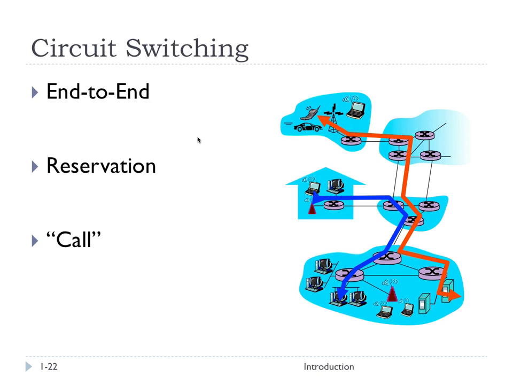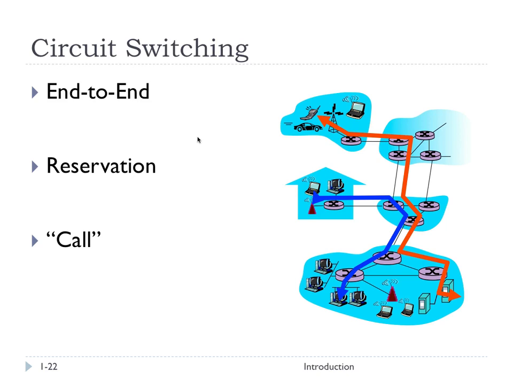All right, so circuit switching is an end-to-end process. In circuit switching, we're concerned with finding a complete end-to-end connection between sender and receiver and making sure that all of those resources along the way are reserved so that any information passed between them can definitely be transferred quickly.